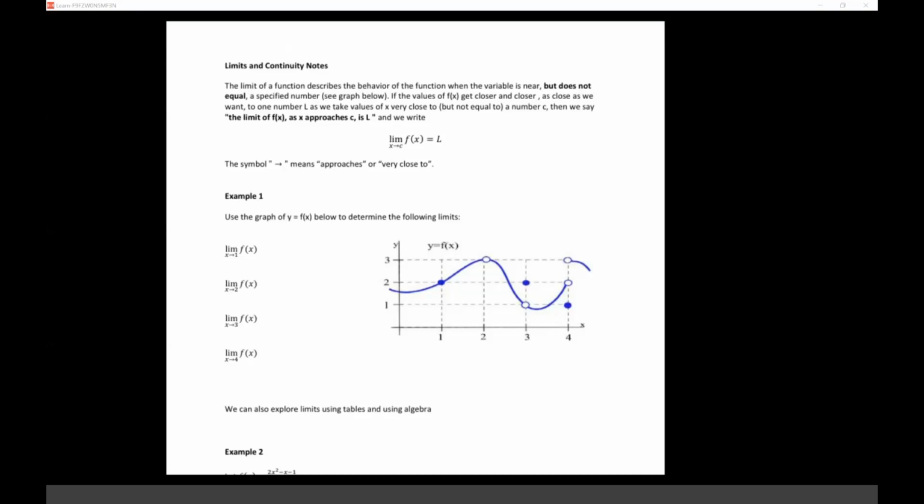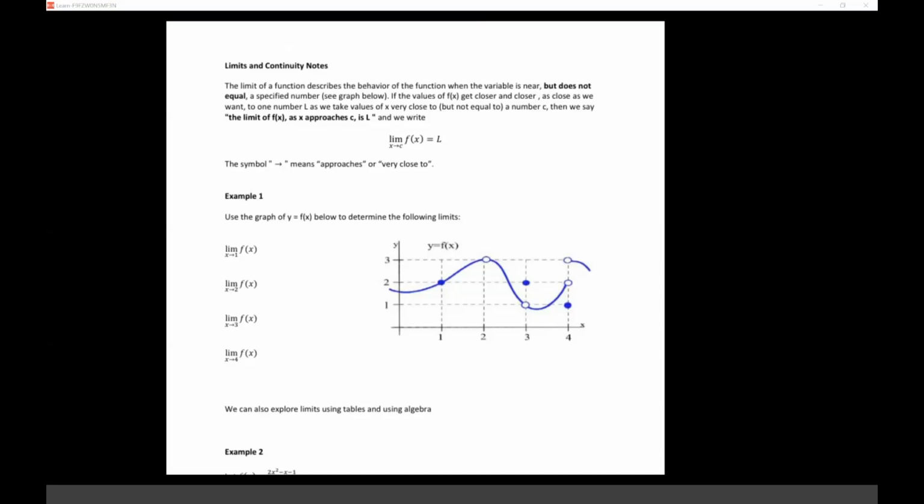Limits describe the behavior of the function when your independent variable is near but does not equal a given number. So it's the behavior near an x value. How near? Well, as near as you want to be.